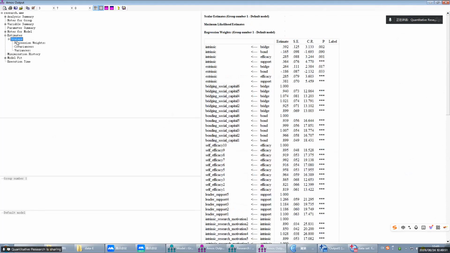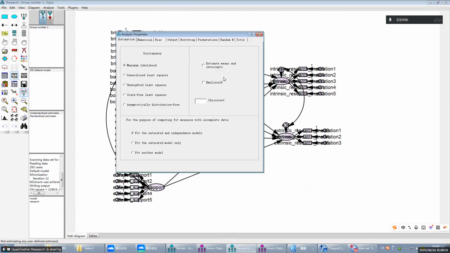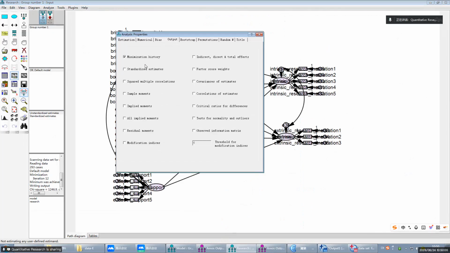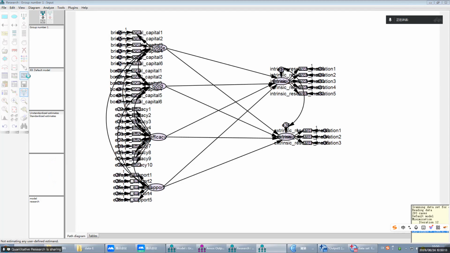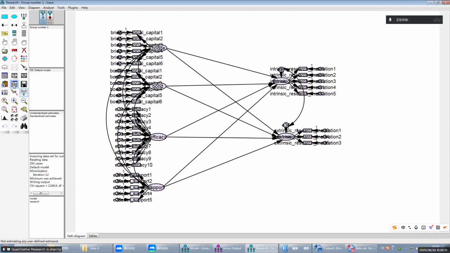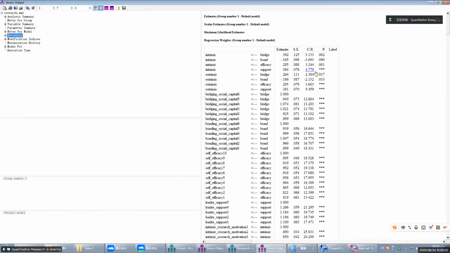Now I show you. Oh, I forgot to tick these ones. Yeah. Again. Okay, still model data fit. Still the results.